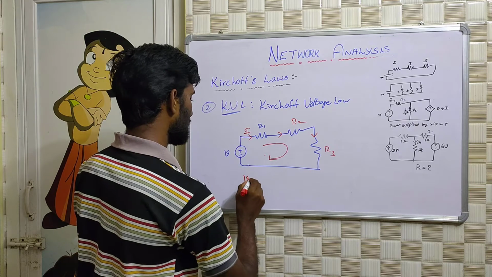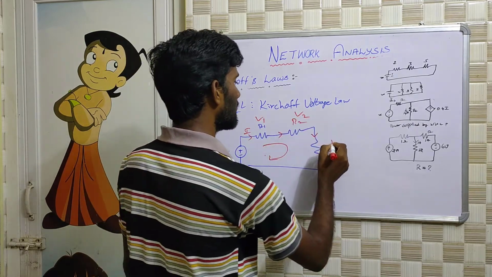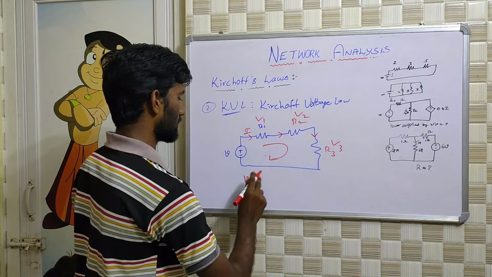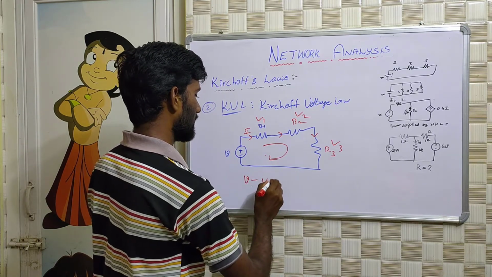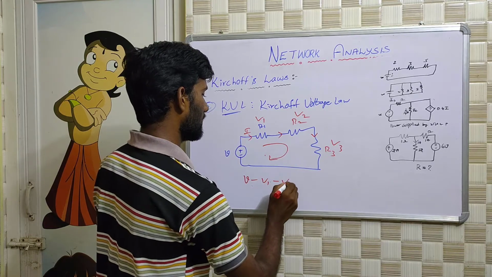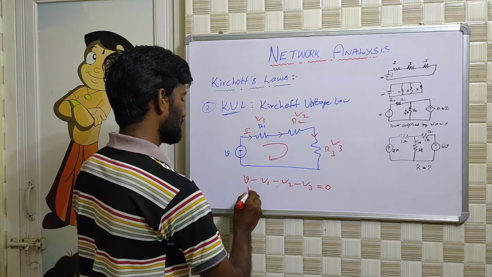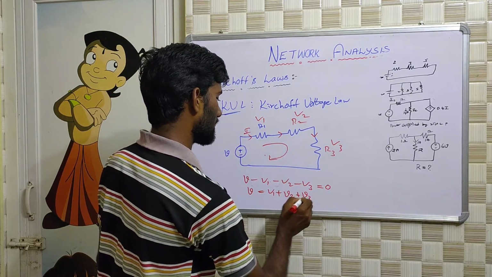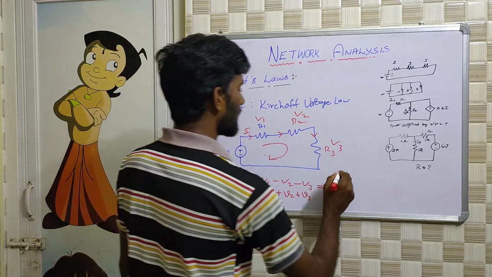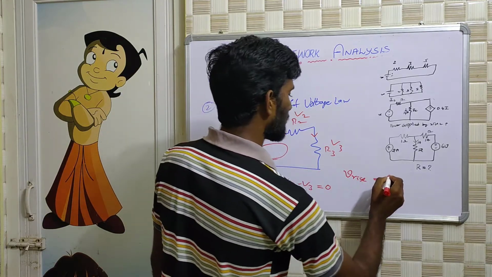So V, and the drops are V1, V2, V3. V minus V1 minus V2 minus V3 is equal to 0, so V is equal to V1 plus V2 plus V3. This is the V rise, and these are all V drops.